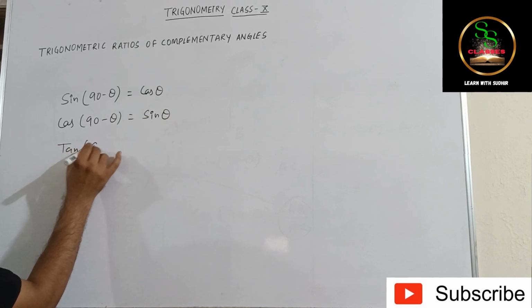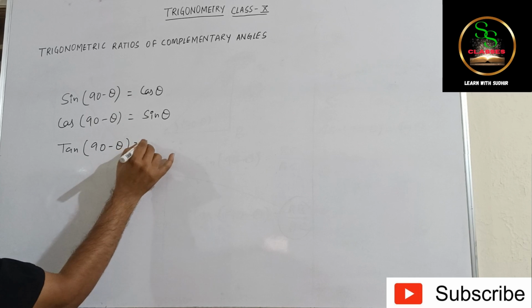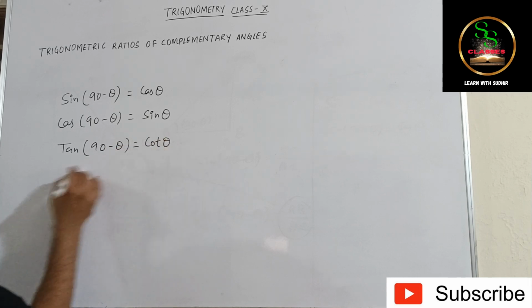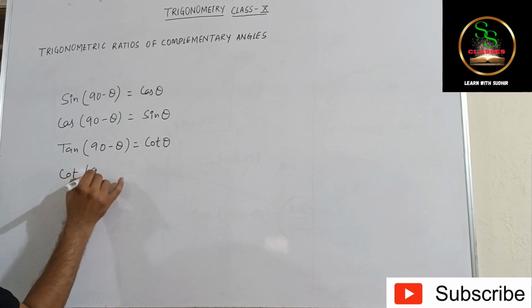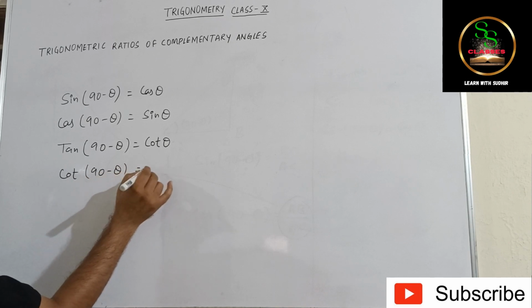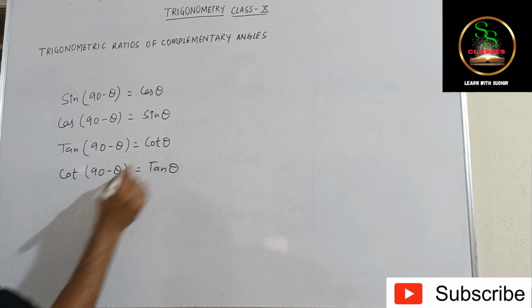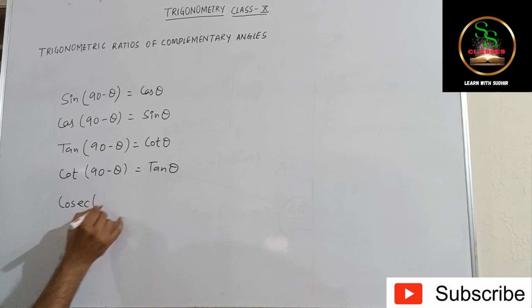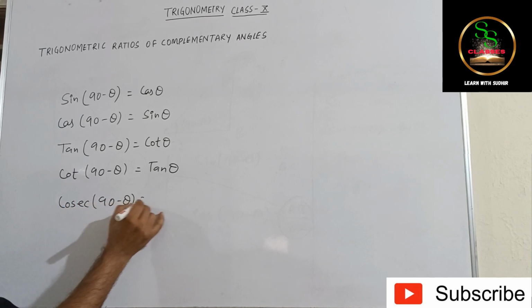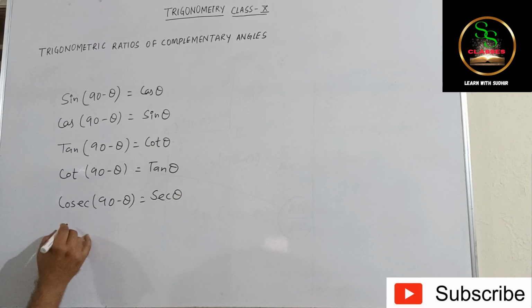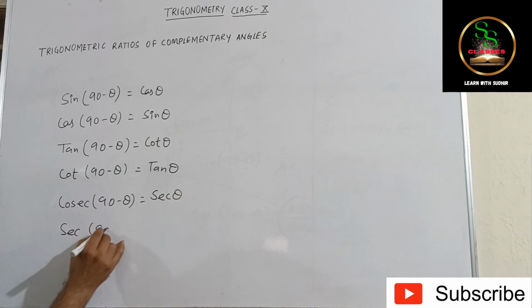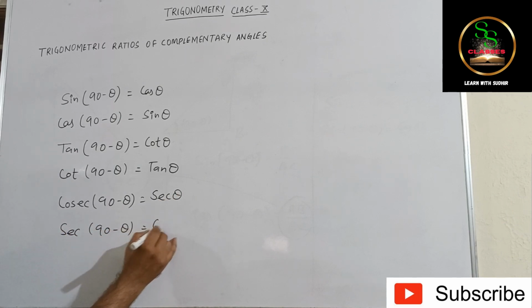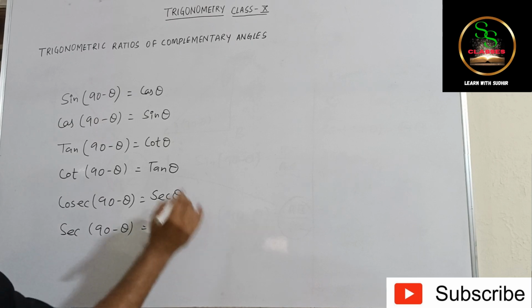Similarly, tan 90 minus theta is cot theta, and cot 90 minus theta is tan theta, and cosec 90 minus theta is sec theta, and sec 90 minus theta is cosec theta.